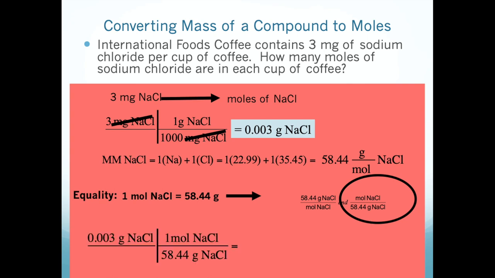So we divide by 58.44 grams per mole, grams cancels out, and we figure out our number of moles of sodium chloride. There's 5.13 times 10 to the negative 5 moles of sodium chloride. If you used 58.5, you wouldn't have got exactly this number. It might have been a little bit smaller, which is fine. It's okay if you have a little bit of rounding error here. It's good enough for multiple choice, so something to keep in mind.